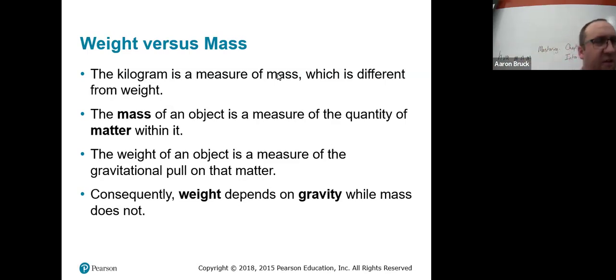And from that perspective, the mass of an object does not change from place to place. So if I take the mass of an object here on planet Earth and then transport that object to the moon, it's going to have the same mass in both places because it's going to have the same amount of matter in both places.